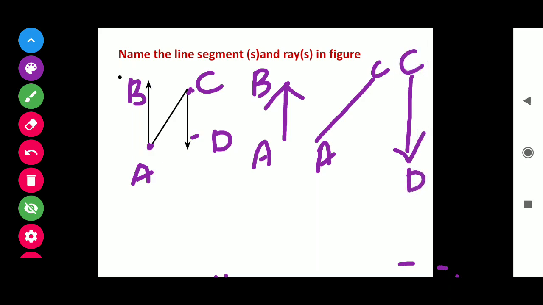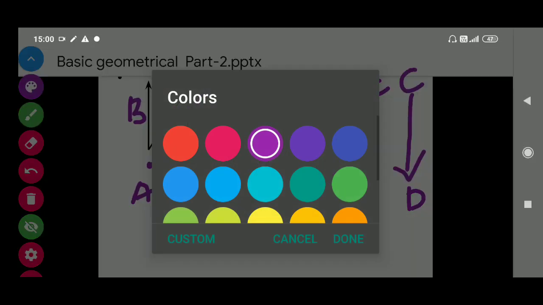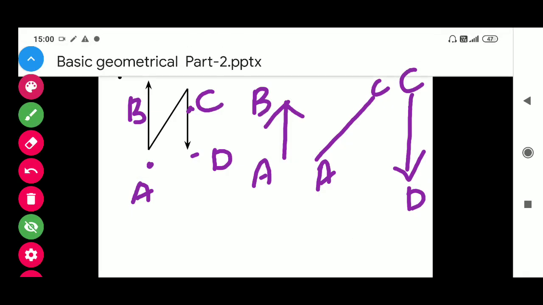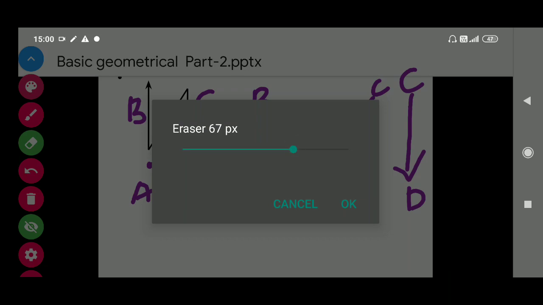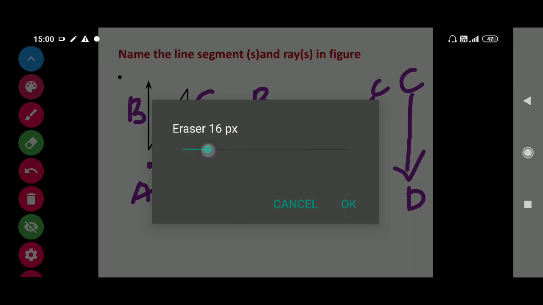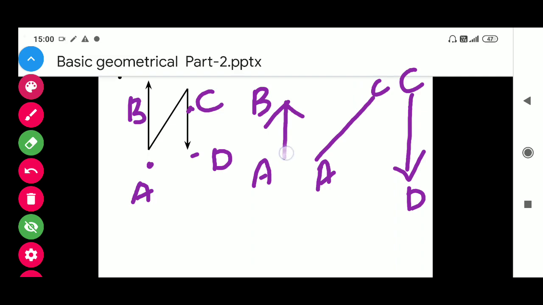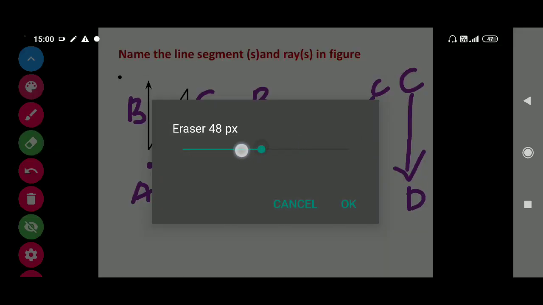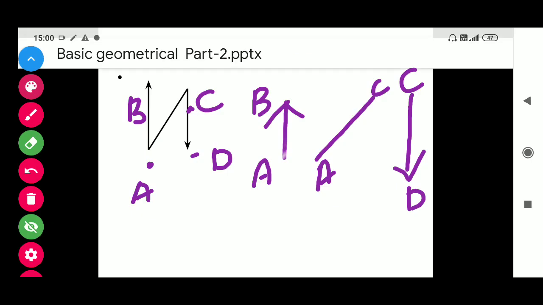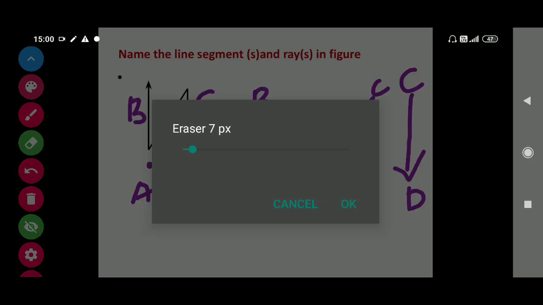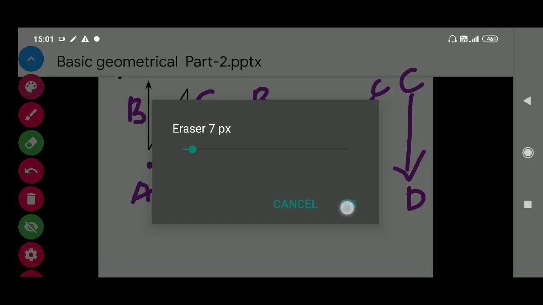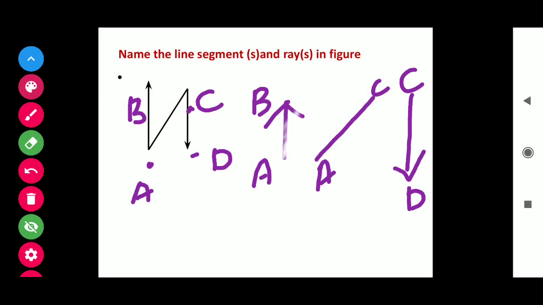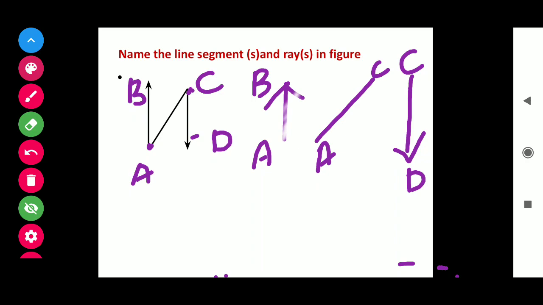Now you can see that we are having two rays, which are they?